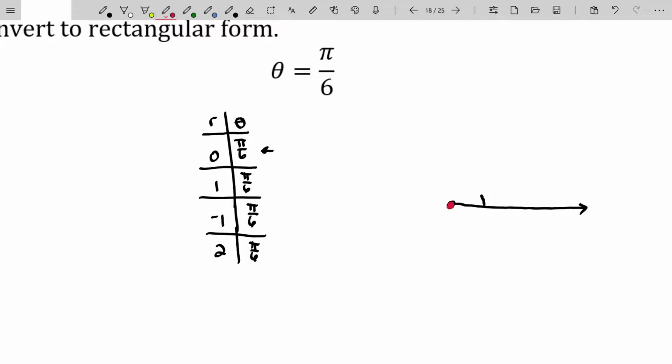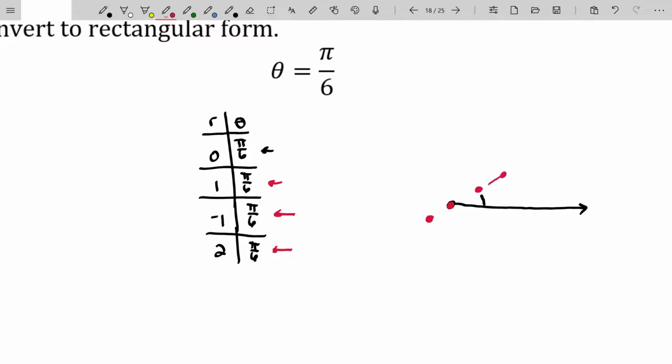Then I'm going to face an angle of pi over 6 and step out 1 unit. Then I'm going to face an angle of pi over 6 and step back 1 unit. That's not exactly correct, but whatever. Then I'm going to face an angle of pi over 6 and step forward 2 units.